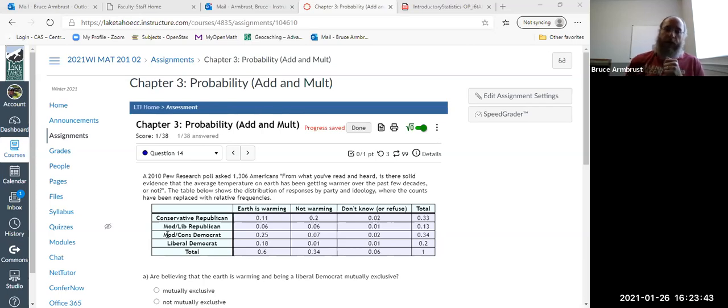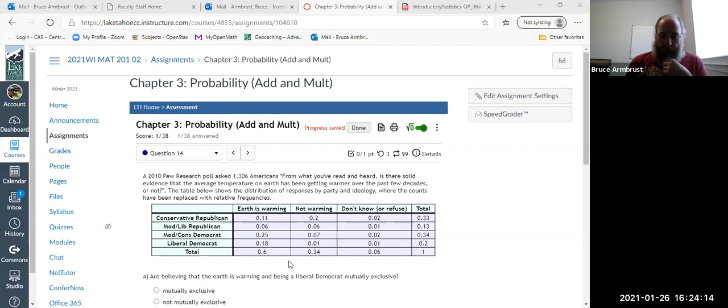So when we read these numbers now, think of them as percents. Move the decimal 2 spots if you want to think about it as percent. So like this total, 0.33 means that 33% of the people that we talked to were conservative Republicans. 13% were moderate or liberal Republicans. 34% were moderate or conservative Democrats, and 20% were liberal Democrats.